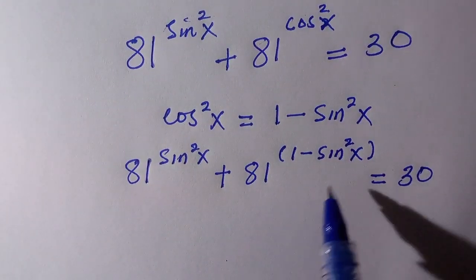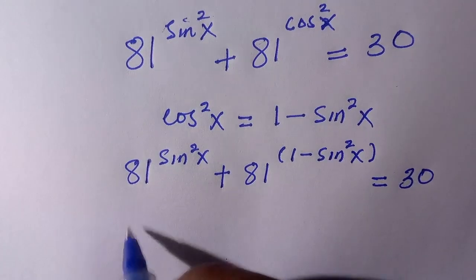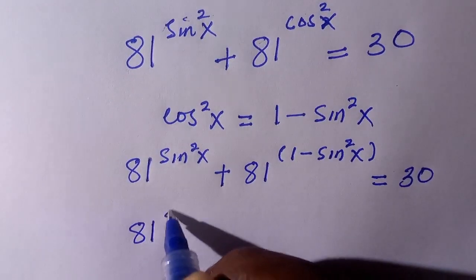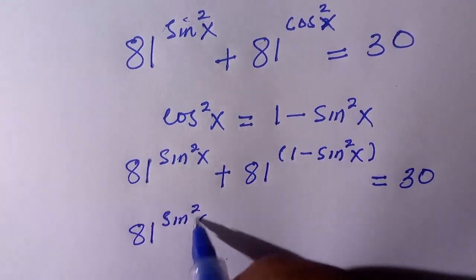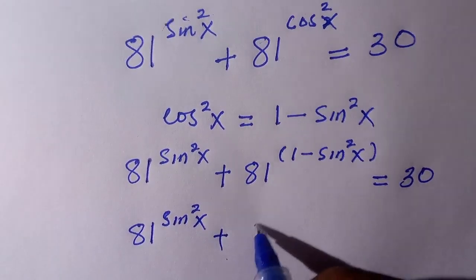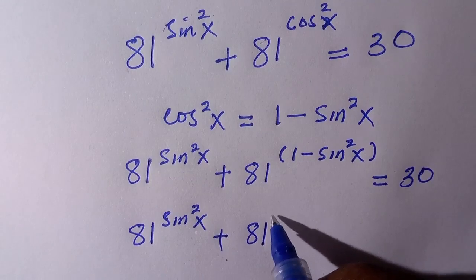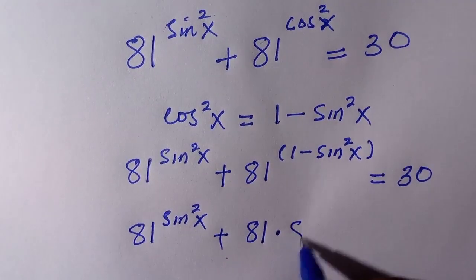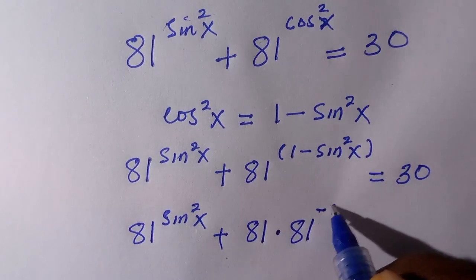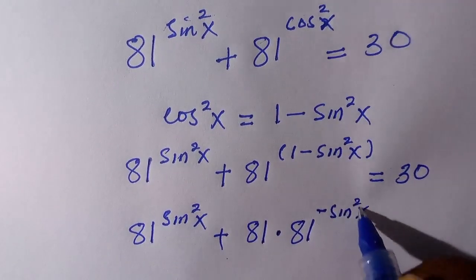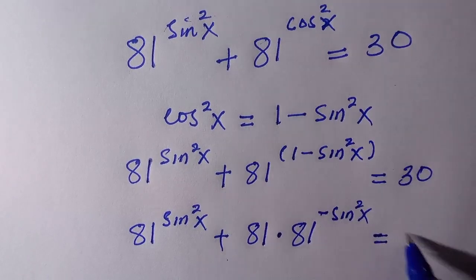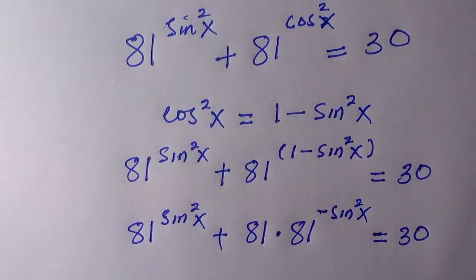So from the law of exponent, we can separate this as 81 to the power of sine square x plus 81 to the power of 1 multiplied by 81 to the power of minus sine square x equals 30.